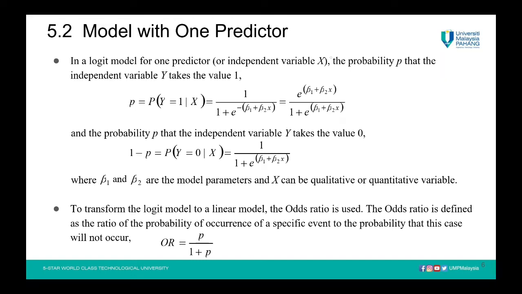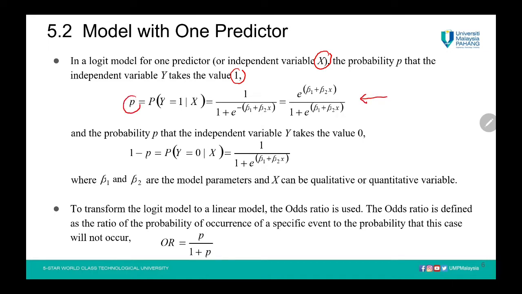Now we go to subtopic 5.2, that is logistic regression with one predictor. In a logit model for one predictor, where the one predictor is X, the probability P that Y takes the value 1 is given by this equation.